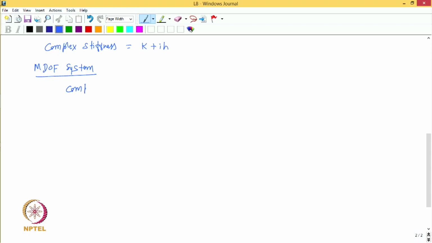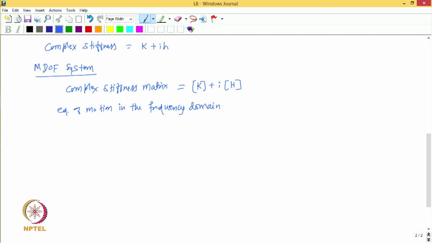So, we will have a complex stiffness matrix which will be K plus iH, and the equations of motion in the frequency domain can be written, by extending the equation we got for a single degree of freedom system, as minus omega square M x of omega plus the complex stiffness matrix, which is K plus iH, times x of omega is equal to f of omega.